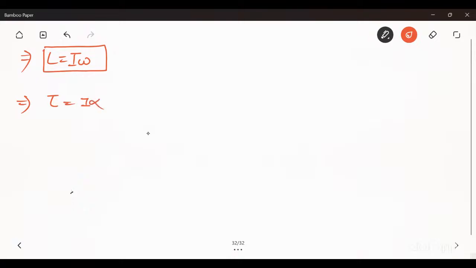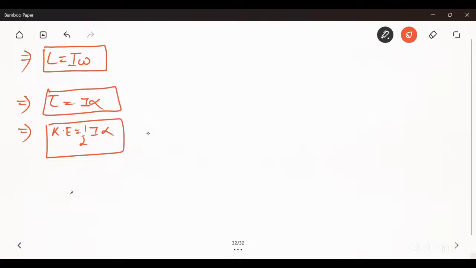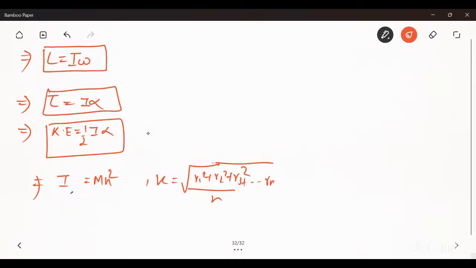I alpha. Next, we have described the kinetic energy and moment of inertia: K is equal to half I omega squared. Those were some important relations, and the radius of gyration: I is equal to M k square, where k is the radius of gyration and the value of k is the square root of r1 square plus r2 square plus r3 square up to rn square, by n.